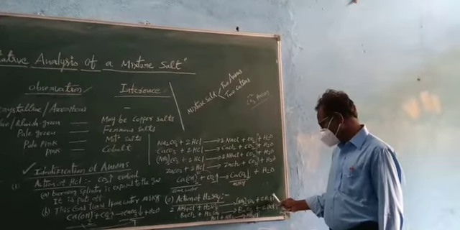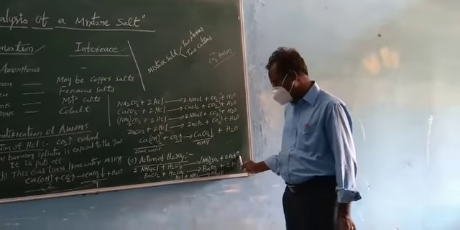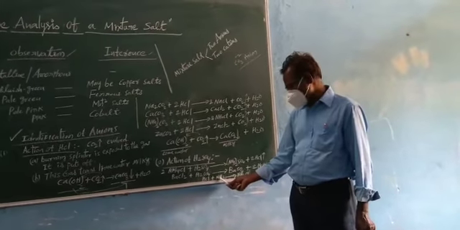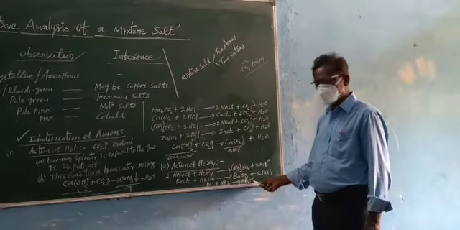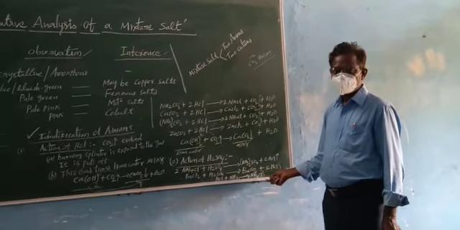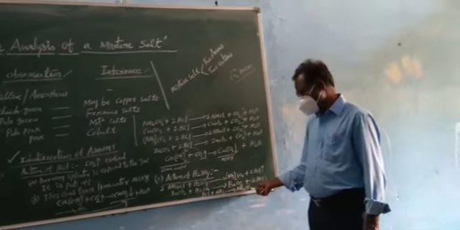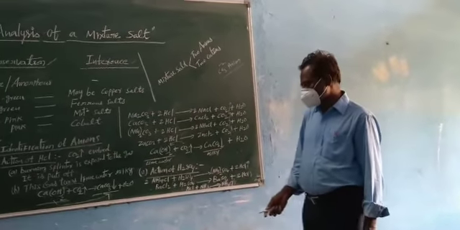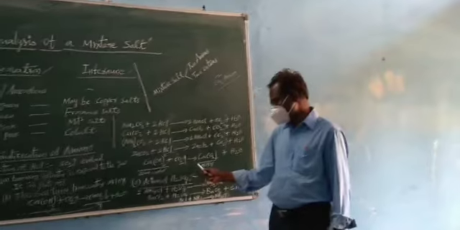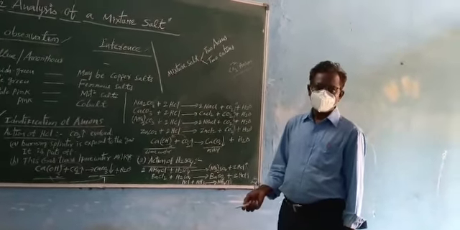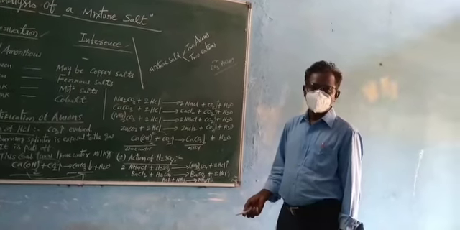This hydrogen chloride reacts with the ammonia present in ammonium hydroxide and forms ammonium chloride. These are dense white fumes. Due to the formation of ammonium chloride, we see dense white fumes. So the action of H2SO4 gives a positive result for chloride and bromide also.